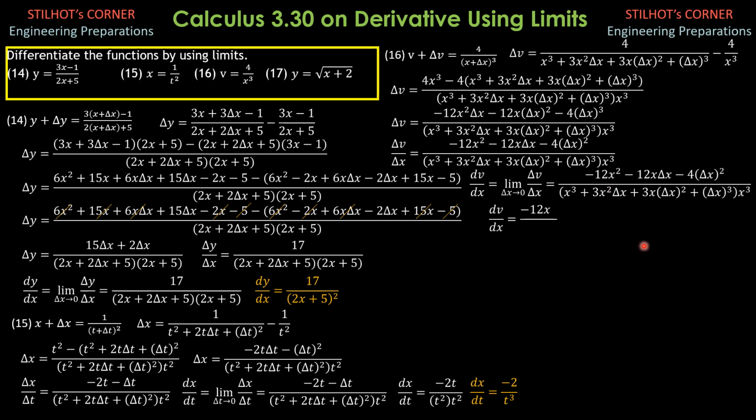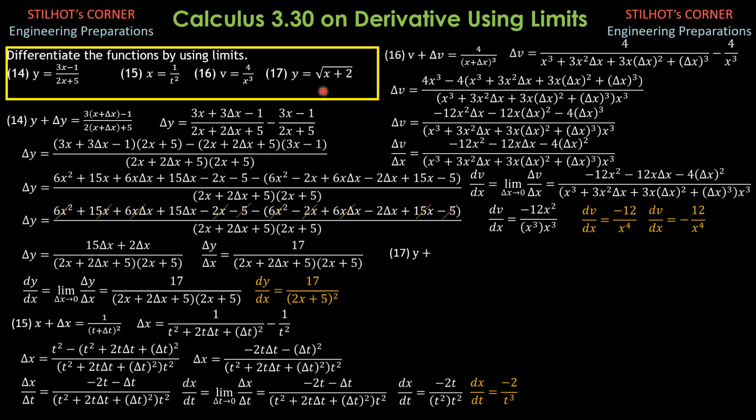So dv/dx is negative 12x squared over x cubed times x cubed. So negative 12 over x to the fourth. That's the final answer. Then 17. So dv/dx is negative of quantity 12 over x to the fourth, or you may write the final answer in this form. That's the same.